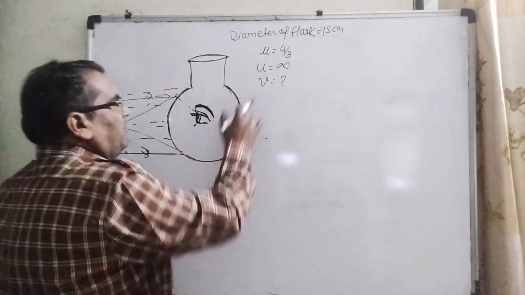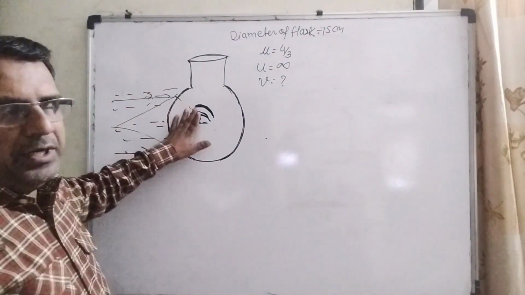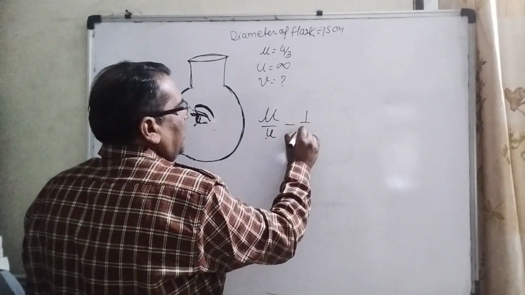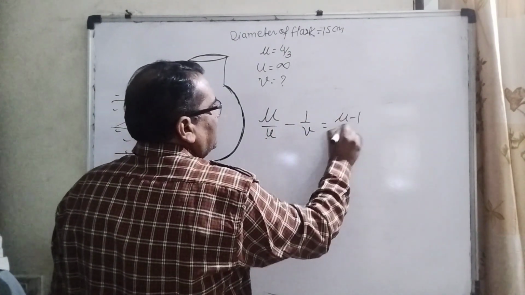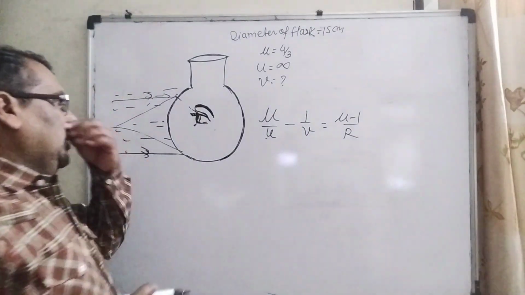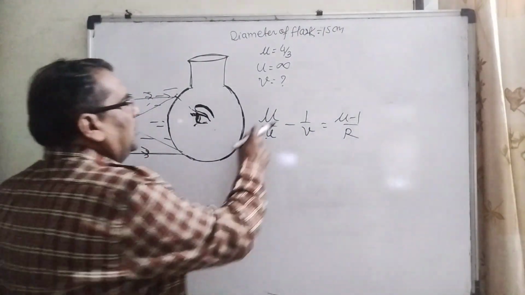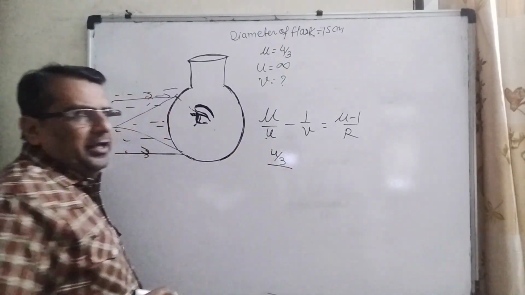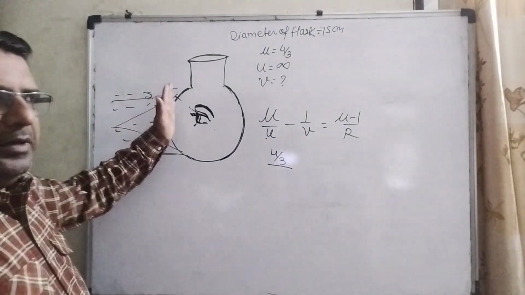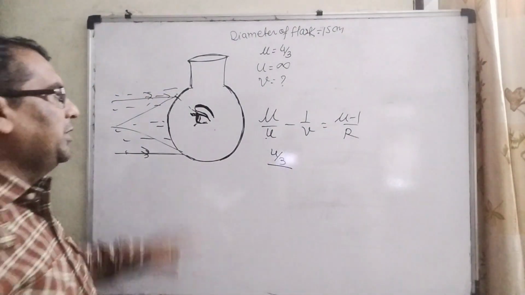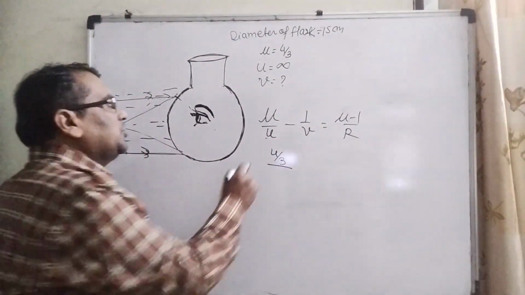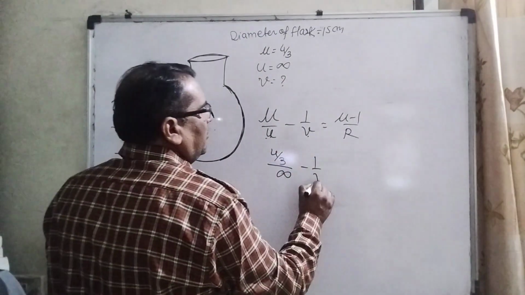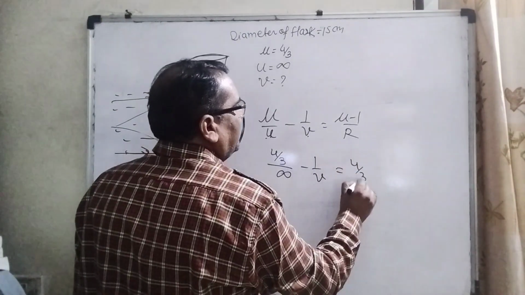So you can use the formula for denser medium to rarer medium: mu by u minus 1 by v equals mu minus 1 by r. Now substitute the values. What is mu? 4 by 3. And u is infinity, because the beam falls parallel, so the object is kept at infinity. So substitute infinity: 1 by v, we have to find v, mu is 4 by 3 minus 1.